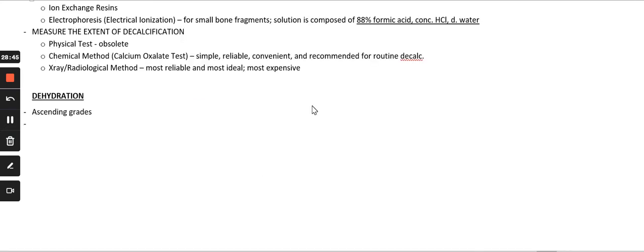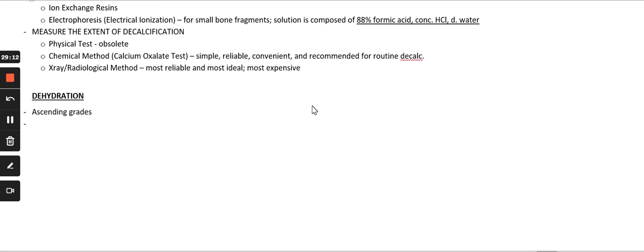Okay, moving on, we have our dehydration. Now, dehydration, guys, is the process of removing your intracellular water, your intracellular fluid, from the tissue, so that we can prepare the tissue for wax impregnation. Take note, guys, dehydration usually occurs when we place it in ascending grades of alcohol.